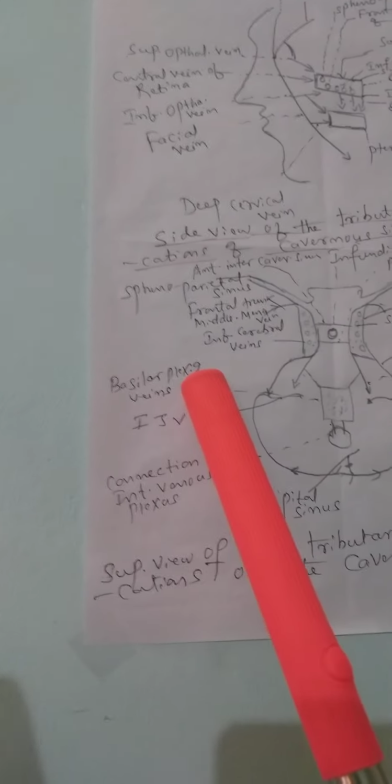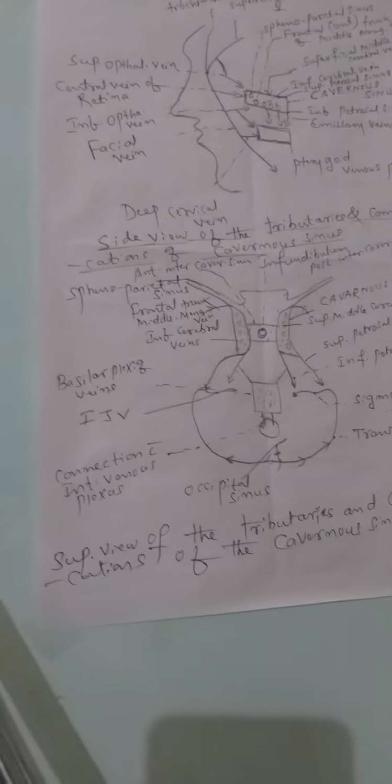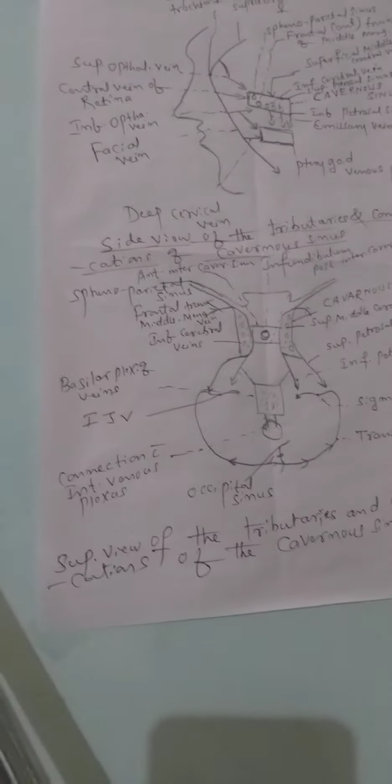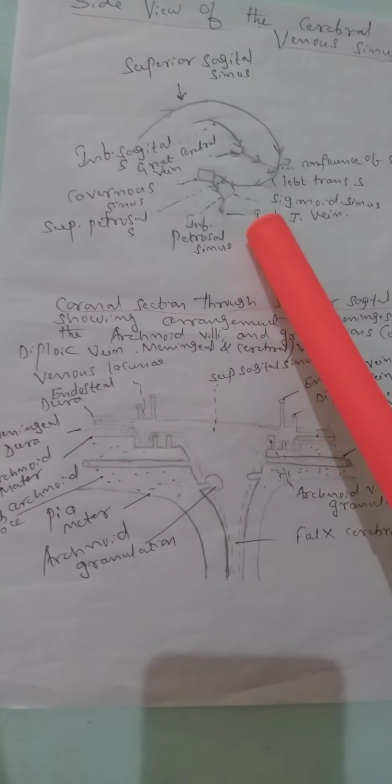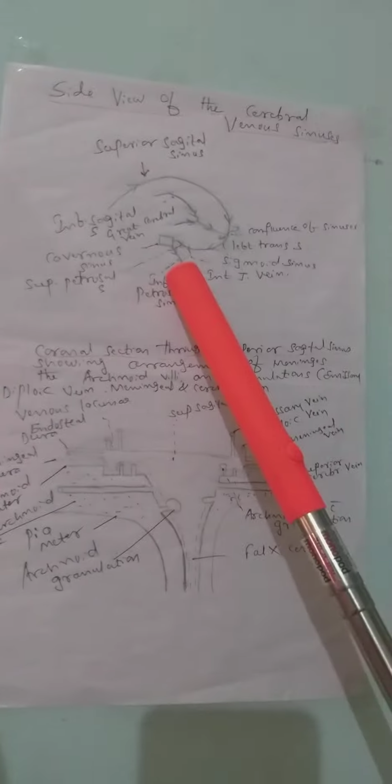The basilar venous plexus connects the two inferior petrosal sinuses here. Now the sigmoid sinus: see here, the sigmoid sinus is J-shaped. It drains into the superior bulb of the jugular foramen.